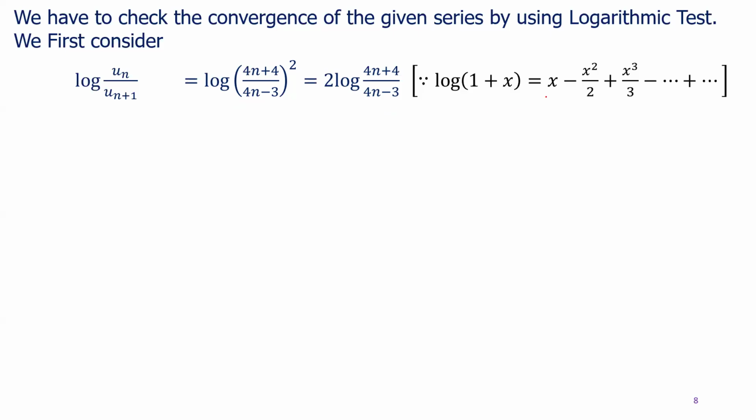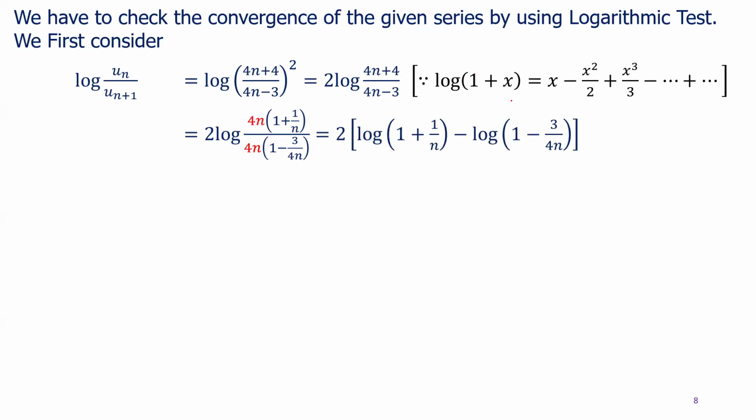Since we know the expansion of log(1 plus x), we can write 2 log of 4n into (1 plus 1 upon n) divided by 4n into (1 plus 3 upon 4n). And this 4n and 4n will cancel. So this is 2 times [log(1 plus 1 upon n) minus log(1 plus 3 upon 4n)].